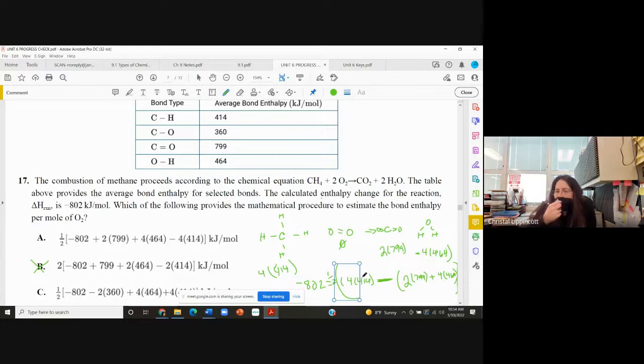If they have that by a half, they bring this stuff over, it's going to be negative on the other side, which it is here. And this stuff, when they bring it out to this side, is going to all be positive, which it is. So that's why that one's right and this one is not.